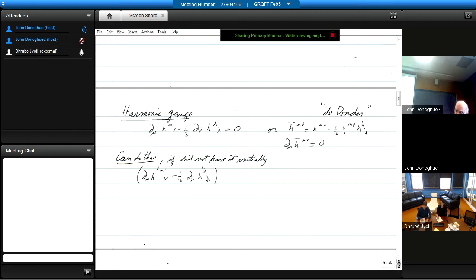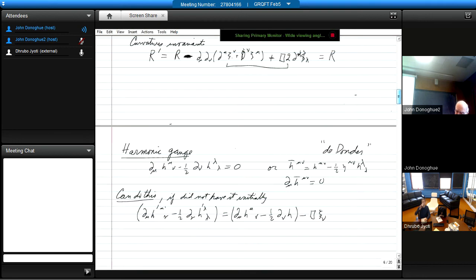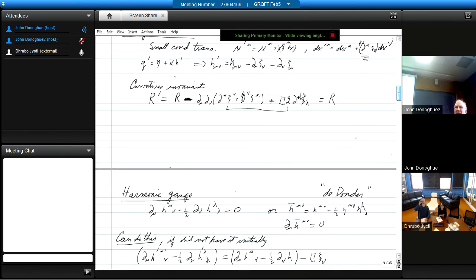So that's the one with the gauge transformation, d mu h mu nu minus 1/2 d nu h. But then there's a gauge transformation. I claim it comes out to box c nu. You have to go through it a little bit up here to see it.